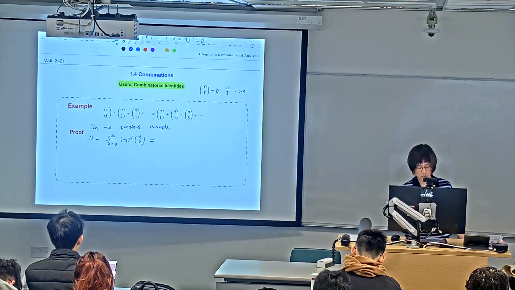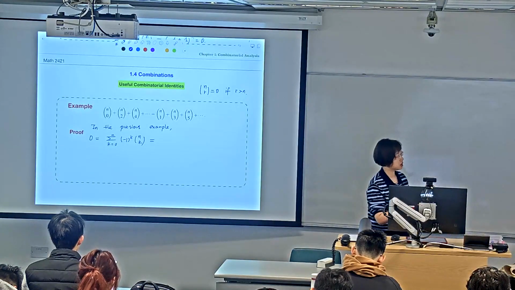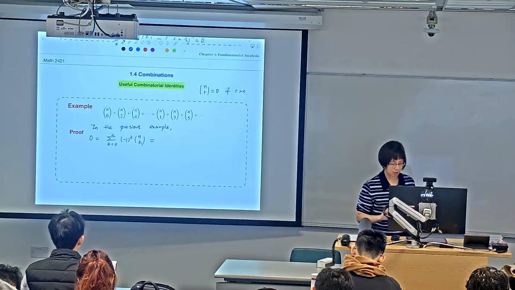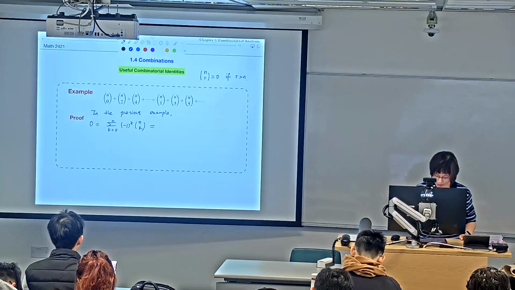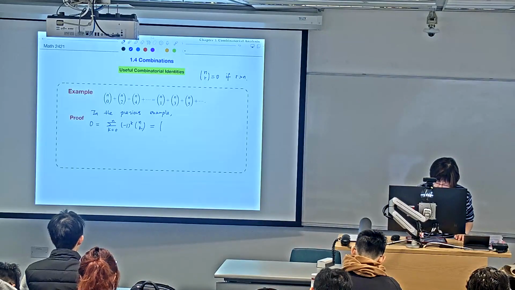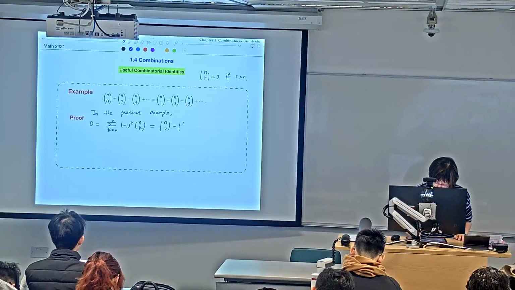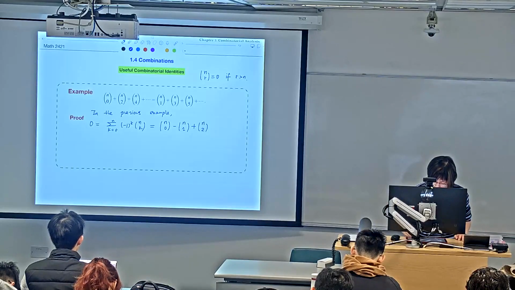So if you have minus 1 to the k from k equals 0, 1, 2, it's an interlacing summation, interlaced between plus and minus 1s. Let's write it down. Start from k equals 0, you get n choose 0, then k equals 1, you get minus n choose 1, then k equals 2, you get plus n choose 2, then minus n choose 3.